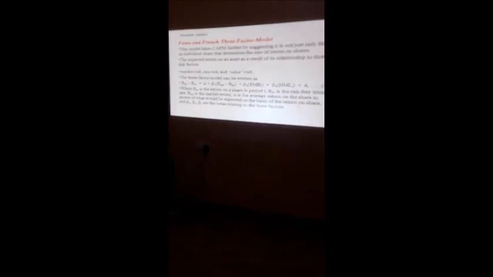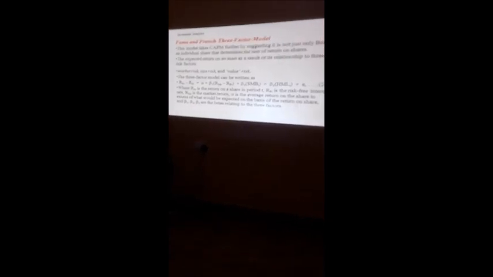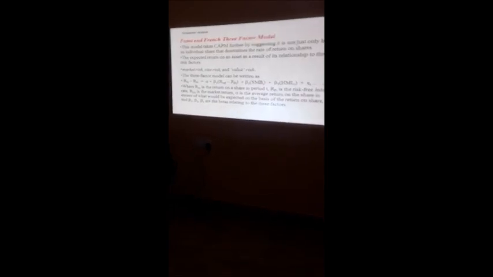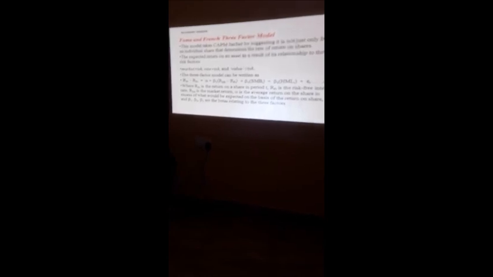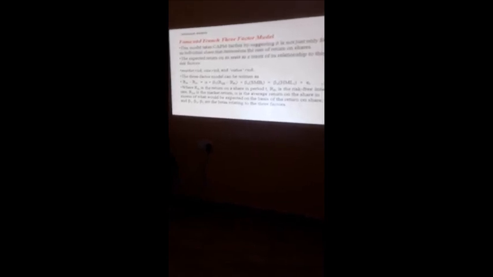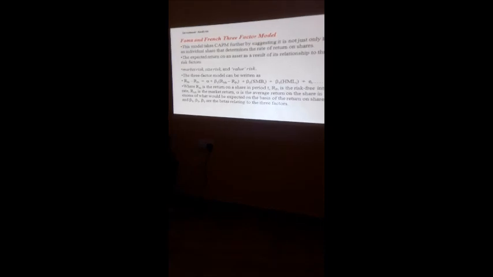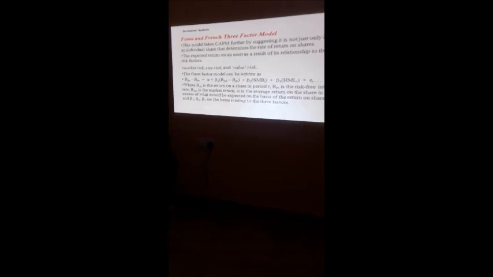After adding the two factors, the equation becomes, on the left-hand side, the return on the individual share at time t minus the risk-free return, which is equal to alpha plus beta 1 multiplied by the return on the market at time t minus the risk-free return.